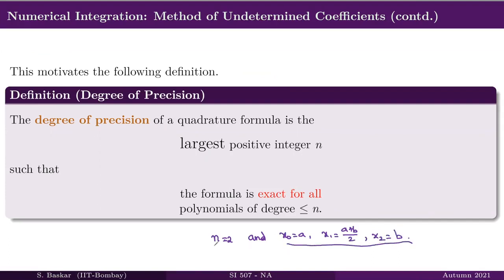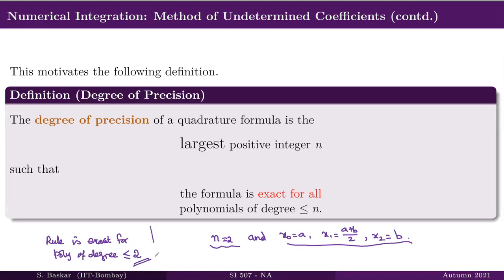But what is important is we have taken n equal to 2. And if you see Simpson's method from the method of undetermined coefficients point of view, what we did is we obtained Simpson's rule by imposing that the rule is exact for polynomials of degree less than or equal to 2, right? So that is what is interesting here.